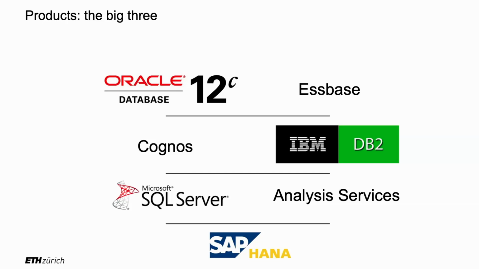So this is the reason why these relational database system companies actually swallowed in some consolidation events these companies that were dealing with data cubes, right? And then there is a 4th player, even though it didn't come from a relational database company, that is SAP, right? HANA. So these are the top 4 players. Of course, there are others, but just to give you an impression of the landscape.